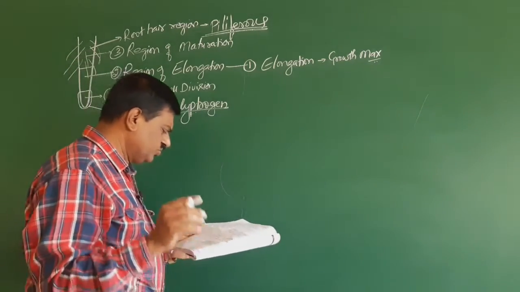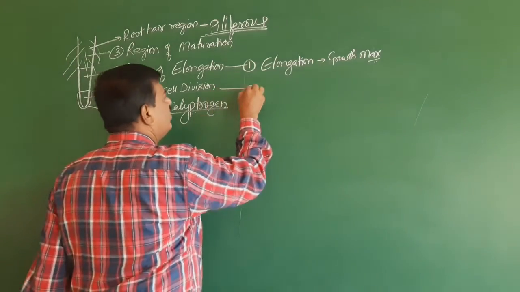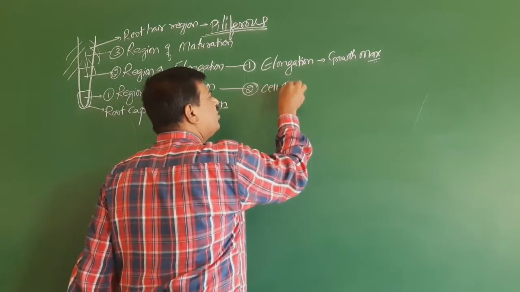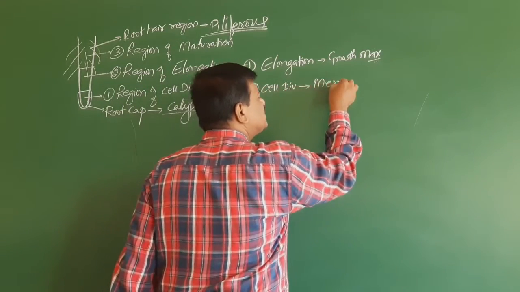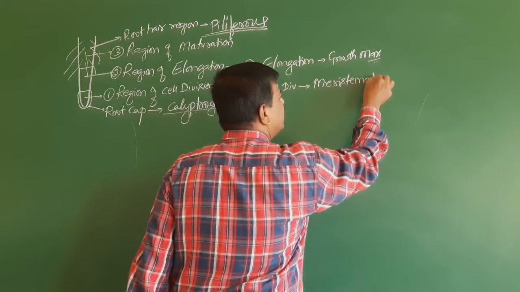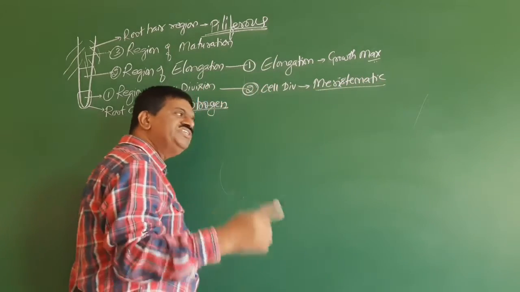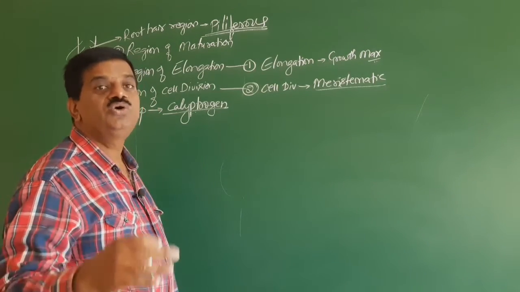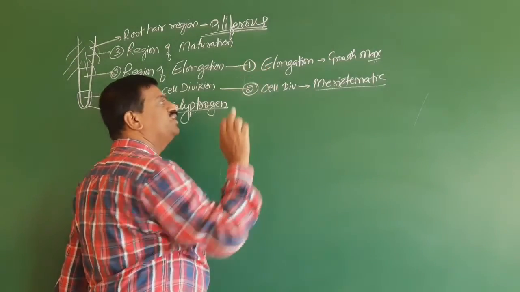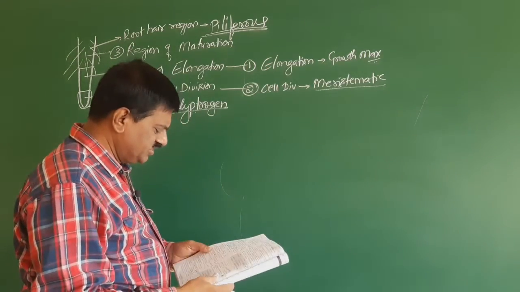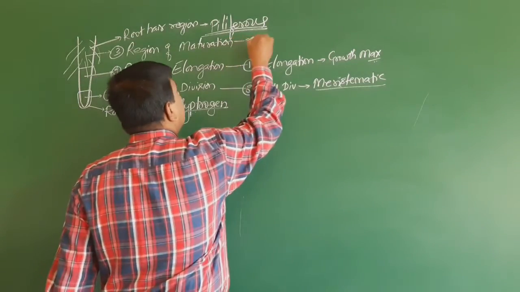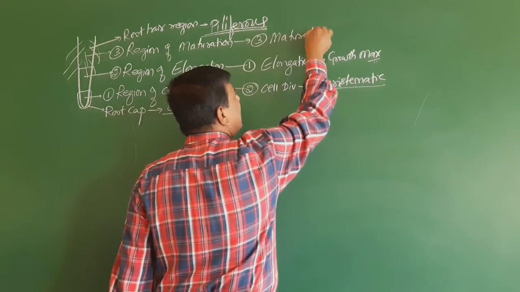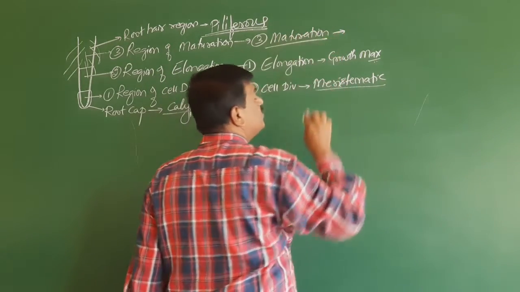When we go for the second one, the region of cell division, there is a presence of meristematic tissue. The word meristem itself indicates division. Here the cell is dividing, but growth is not present. Growth is present in the elongation. The third option is maturation. In cell maturation, the cell attains maturity.